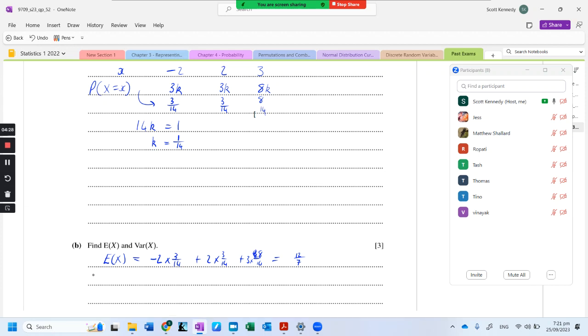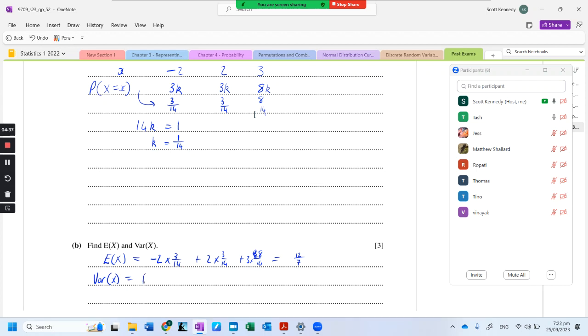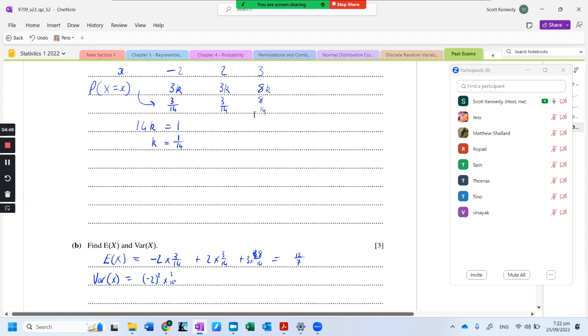Okay, now Var(X). Tash, what are we doing for Var(X)? Yep. So minus 2 squared times 3/14, plus 2 squared times 3/14, plus 3 squared times 8/14, and then subtracting the mean squared, which we found in the previous part.